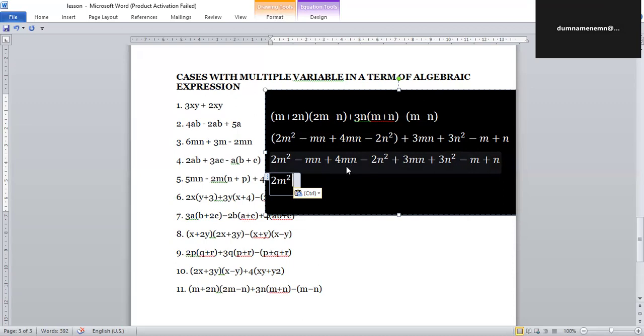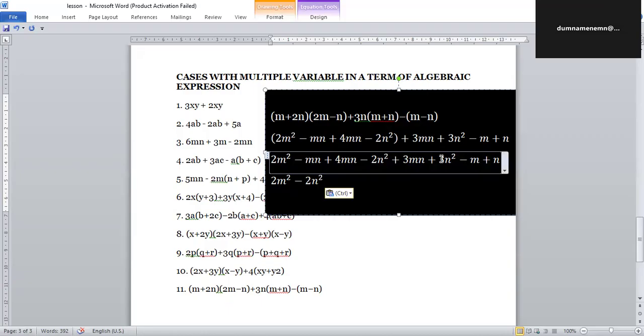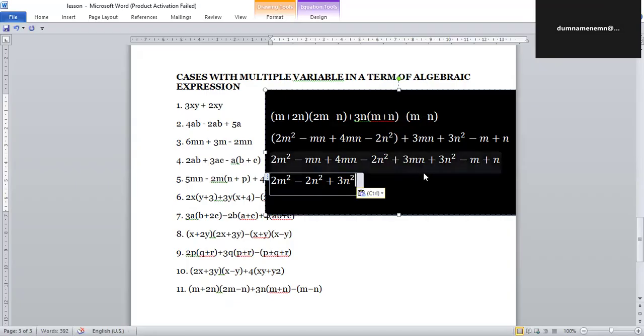Oh, there's another term with m squared. Then we'll go with the one with n squared. So let's bring this. We go with another one with n squared again. All right, so we are done with all the variables with index of 2.